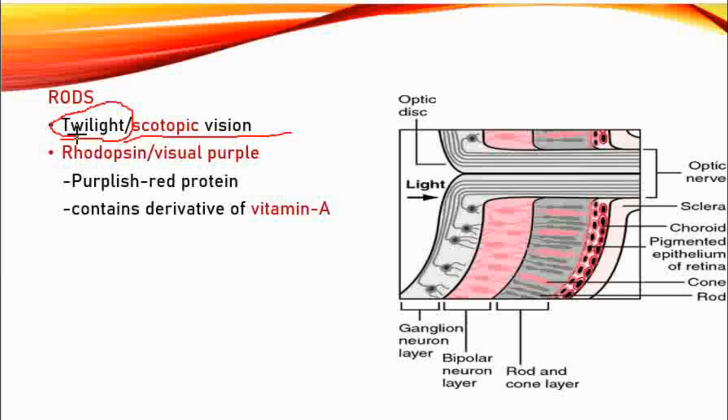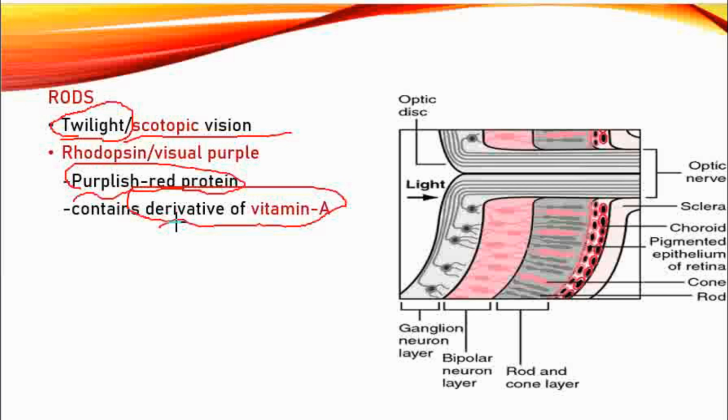So this rod cell actually contains a purplish red protein. It contains a derivative of vitamin A. So this rhodopsin, what is it? It is a pigment actually. It is a sensory protein.